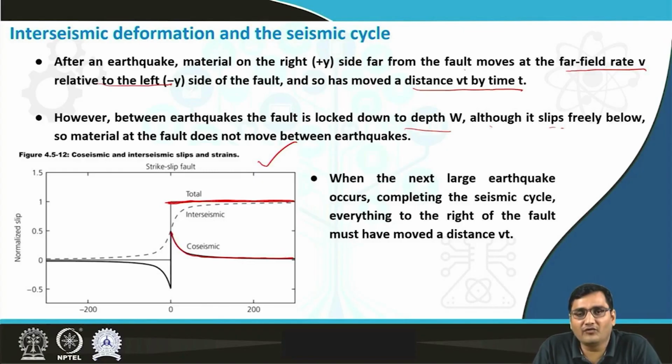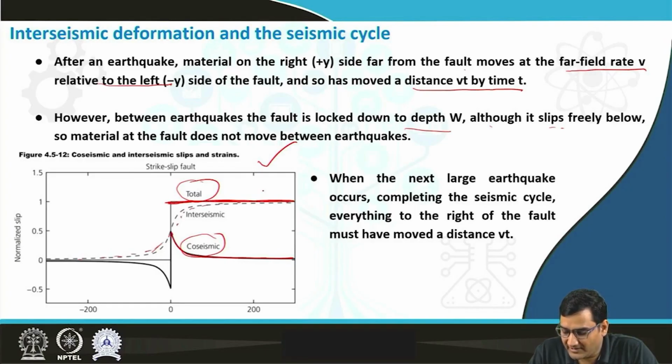If you want to find the inter-seismic deformation, you have to subtract the co-seismic motion from the total displacement, and then you can find the inter-seismic motion. This is the inter-seismic motion here, represented by the dashed line. And when the next large earthquake occurs, completing the seismic cycle, everything to the right of the fault must have moved a distance vt.